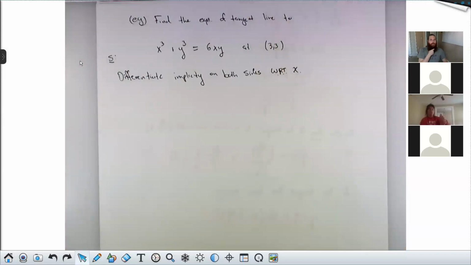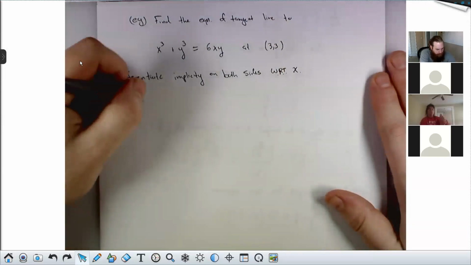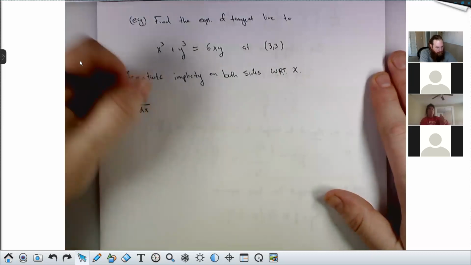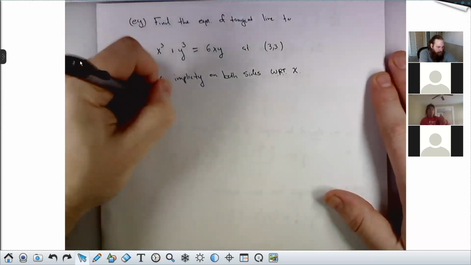In other words, I treat x as my variable, and I understand that y depends on x. At least locally, I can think of y as a function of x. If I do that, I'm going to apply the operator d/dx to both sides.